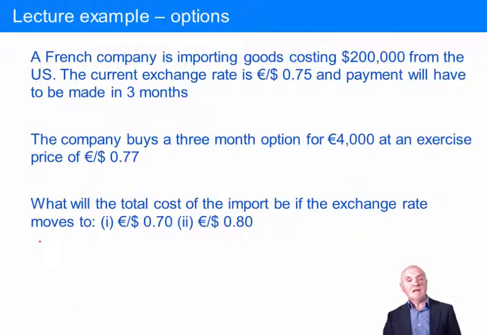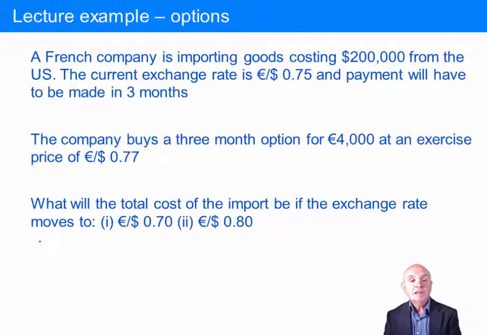So let's have a look at a simple example here. A French company is importing goods costing $200,000 from the US. The current exchange rate is 0.75 dollars per euro, and payment will have to be made in 3 months.